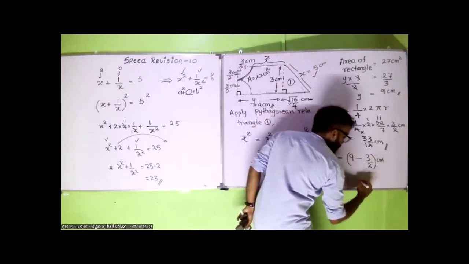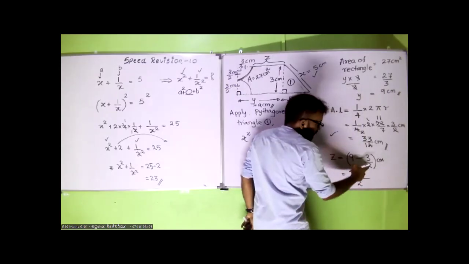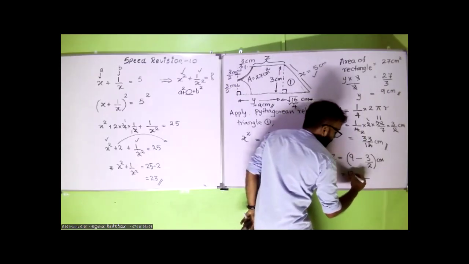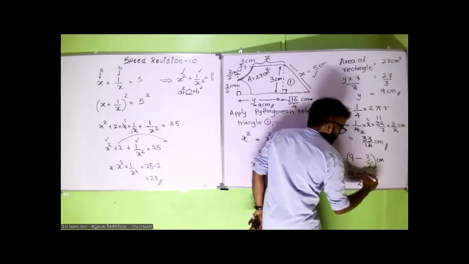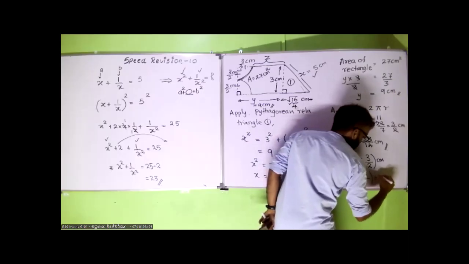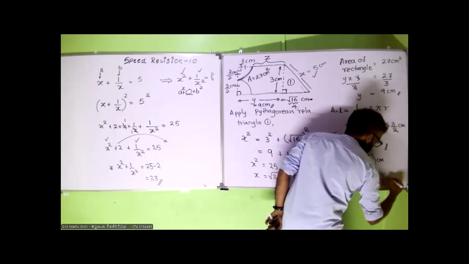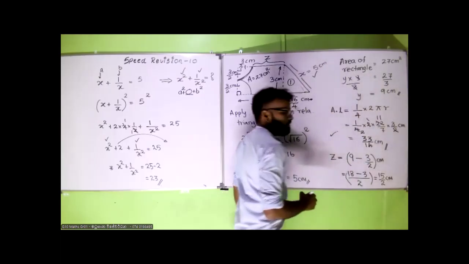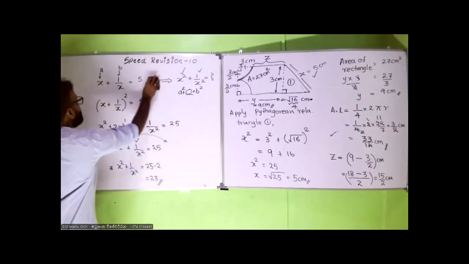So the common denominator is 2. 2 times 9, 18, minus 3. So your final answer will be 15 upon 2 centimeters. So I will clear this part.